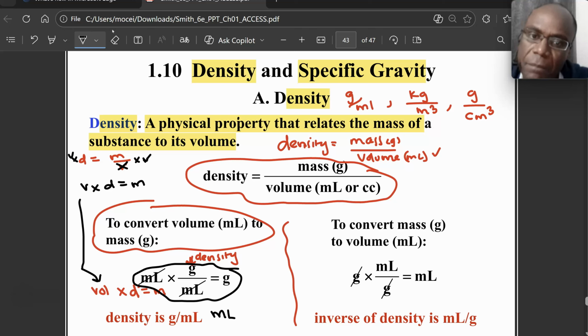So if you memorize ml times grams over ml gives you the grams, then you're good to go in calculations, because ml and ml will cancel. What's left is the grams.